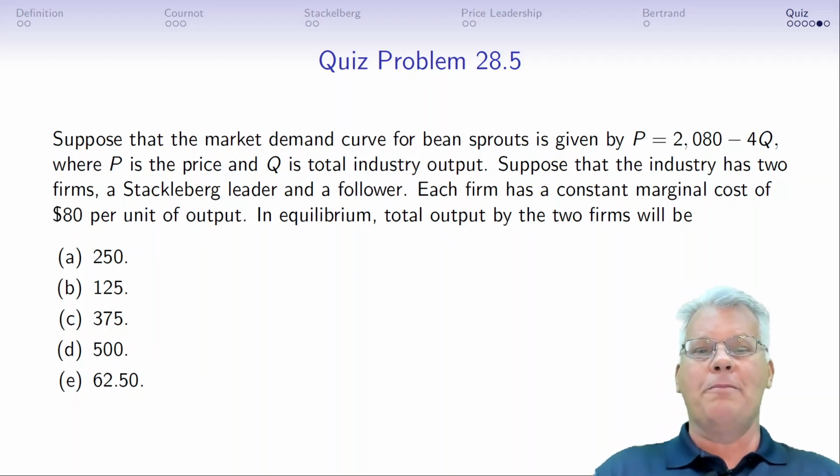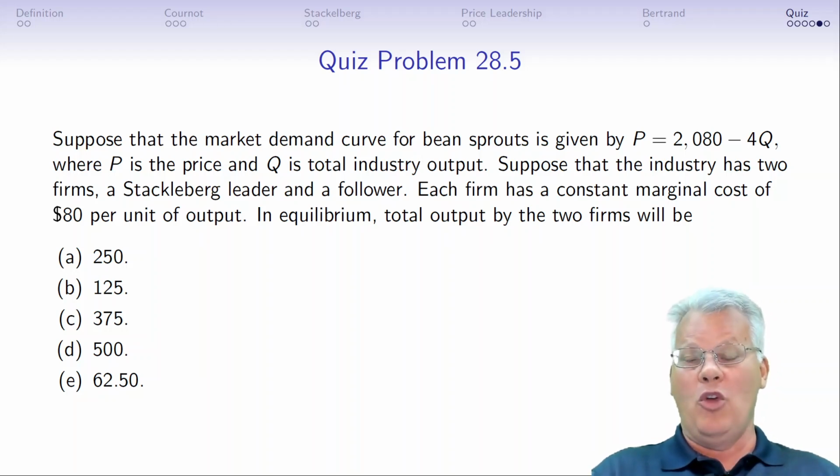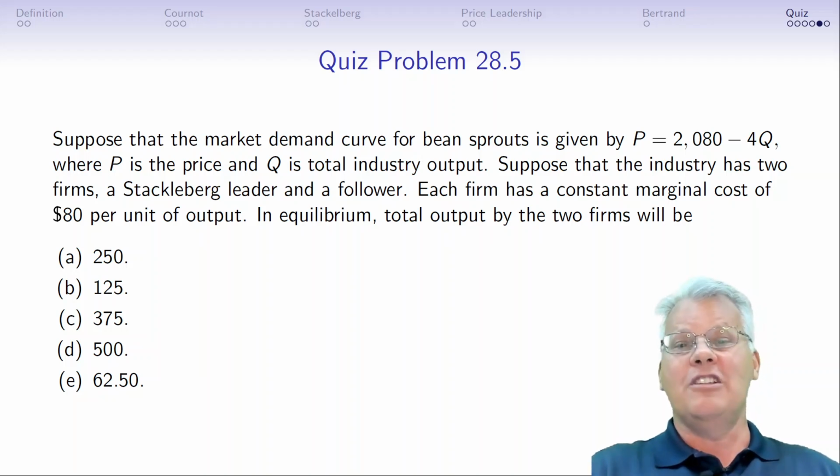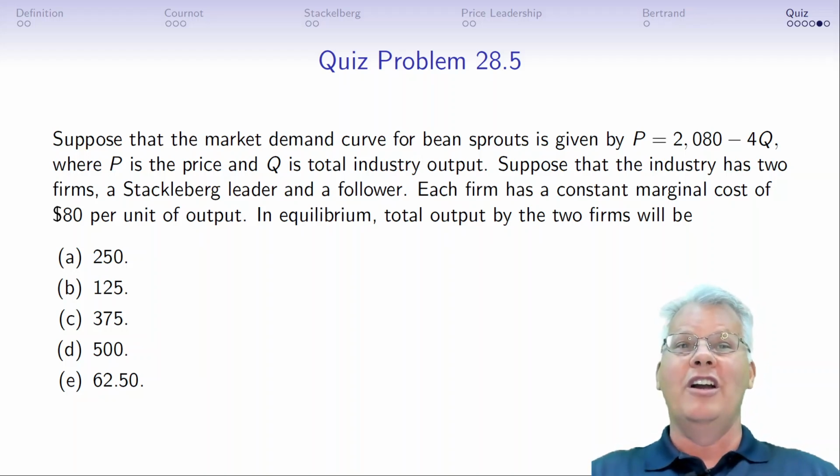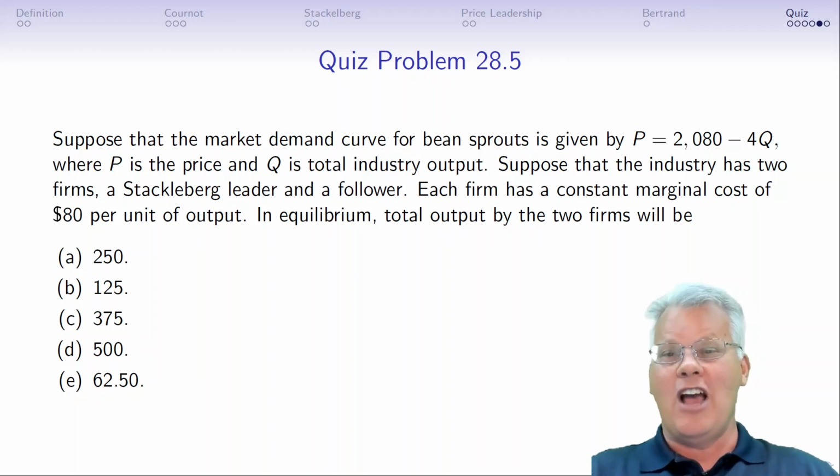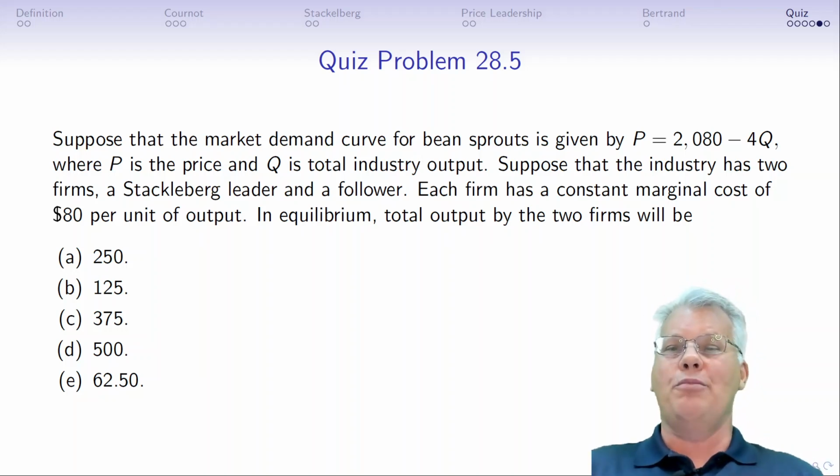Remember, we have to solve this backwards. So we have to solve for the reaction function of the follower firm, insert that into the inverse demand function for the leader, and then we can solve for the leader's output and then the follower's output.